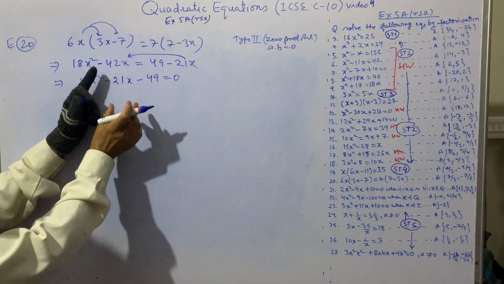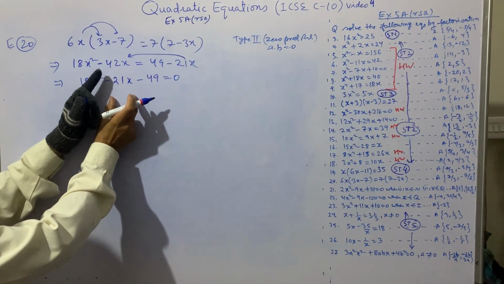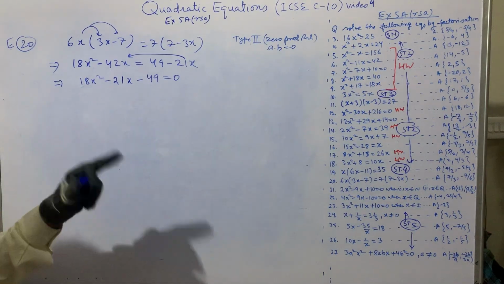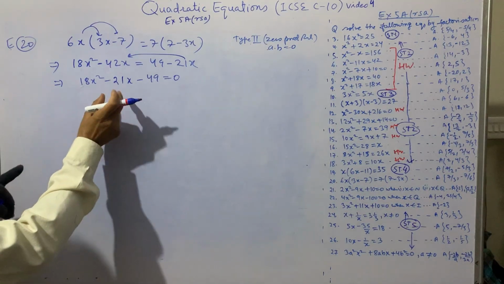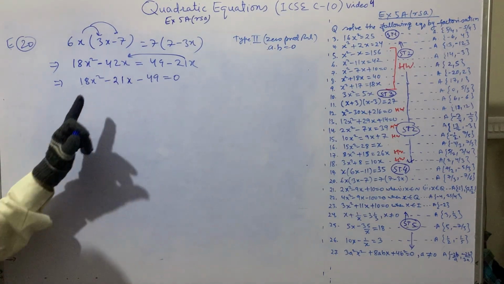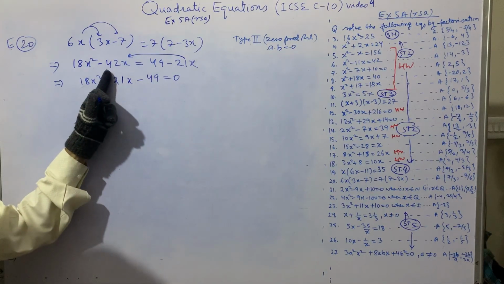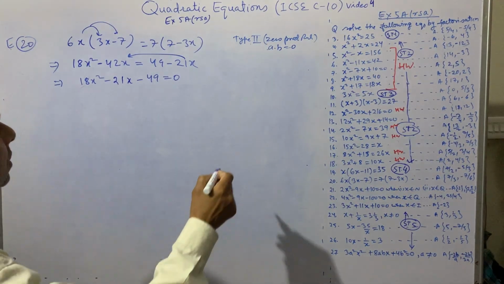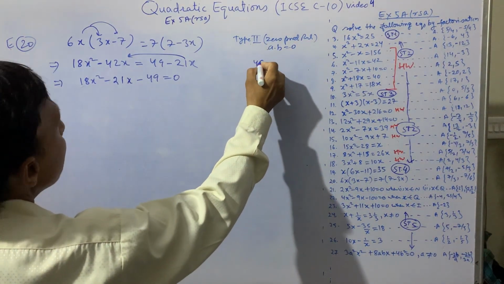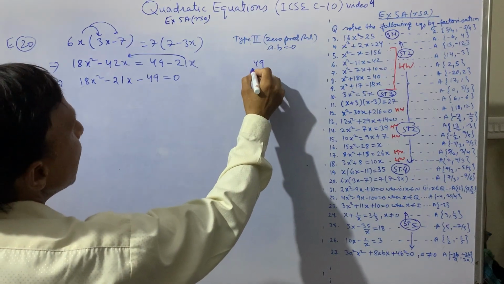We should subtract those factors to get 21 and not add. So we multiply 49 into 18.